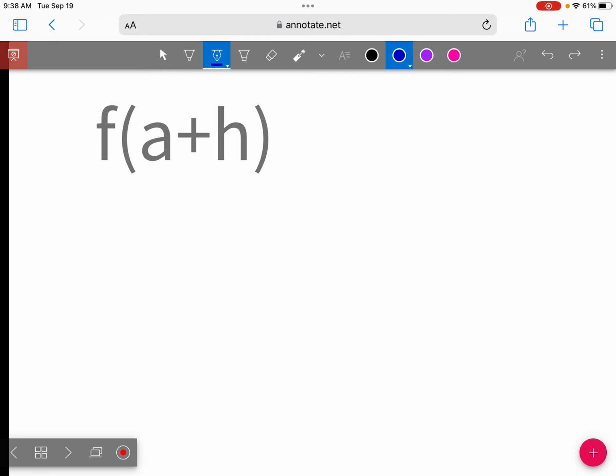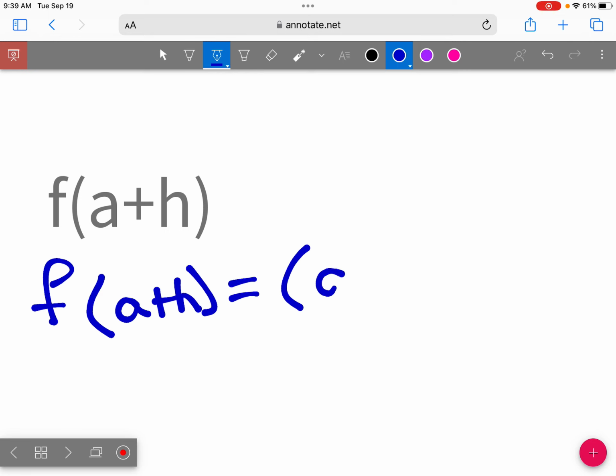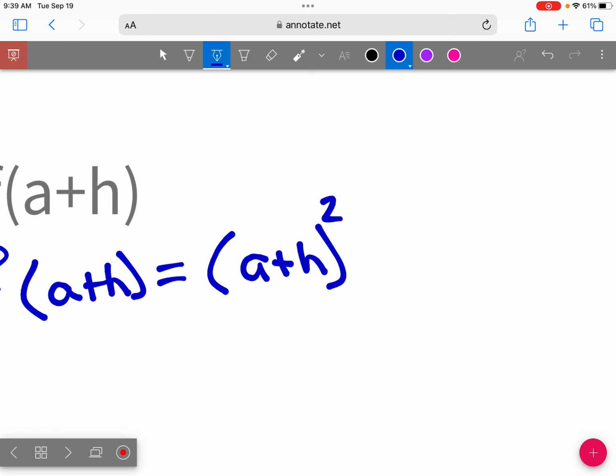All right, let's do our f of a plus h. So we're going to take our a plus h and put it in place of the x. So this is f of a plus h is a plus h squared plus 3. Let's simplify that out.